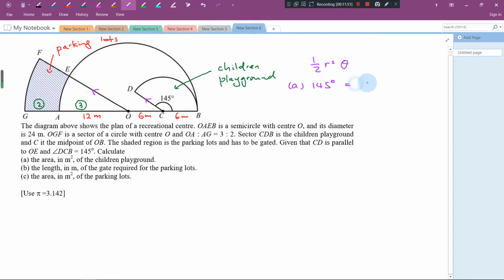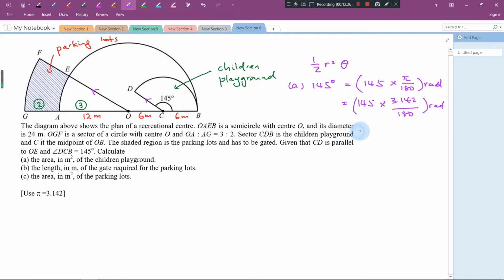145 degrees is equal to how many radians? Degree to radian, the number becomes smaller, right? So times pi over 180. It will be converted to radian. Okay, just press our calculator. The question asks us to use pi as 3.142. So when we key in the calculator, just put 3.142 over here. Let me add one more step for you. 145 times 3.142 over 180.